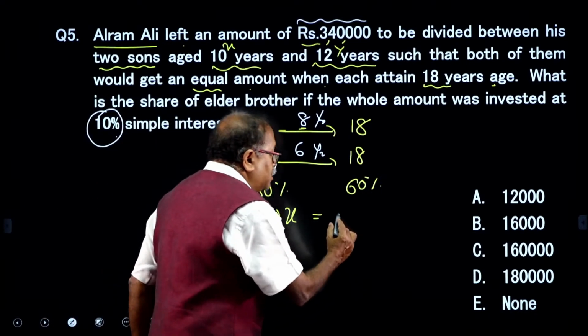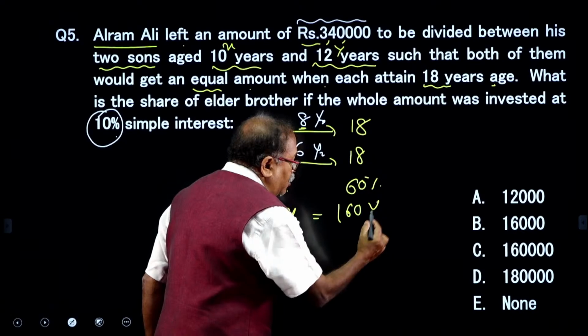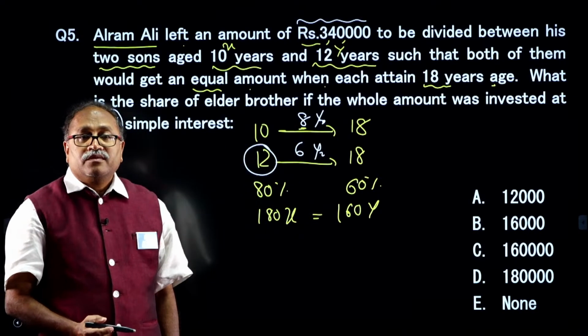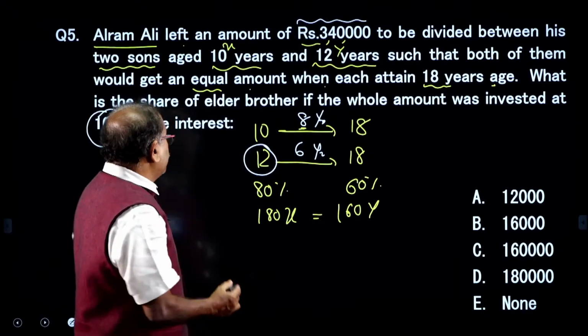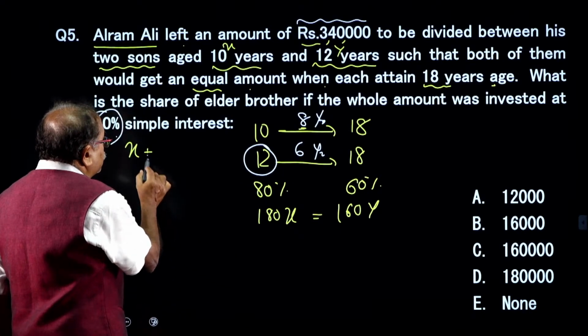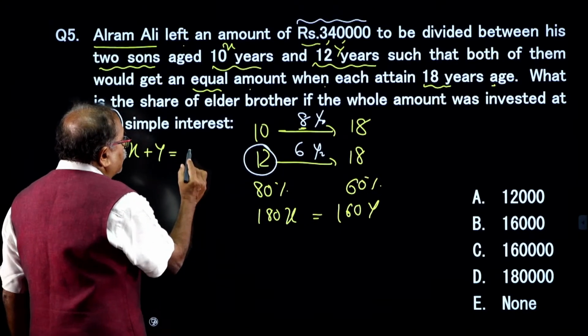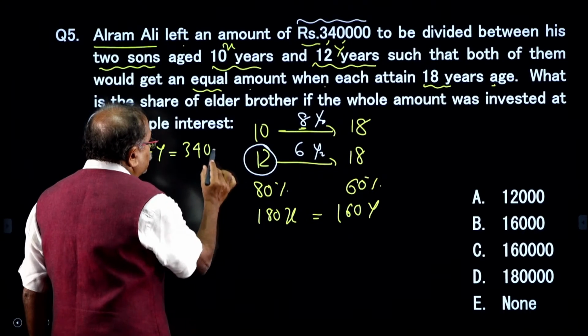So that is 160% of y, and x plus y is equal to 34,000.